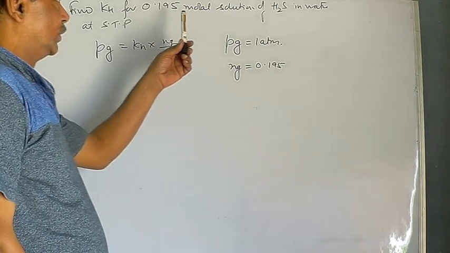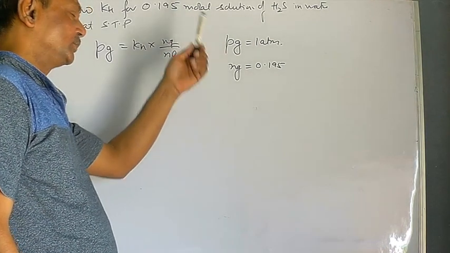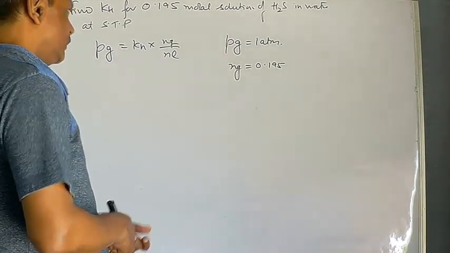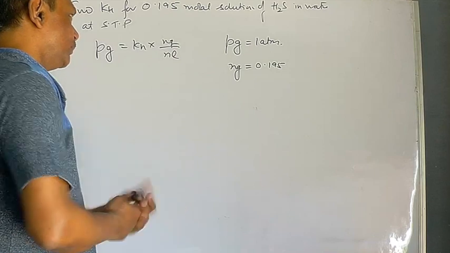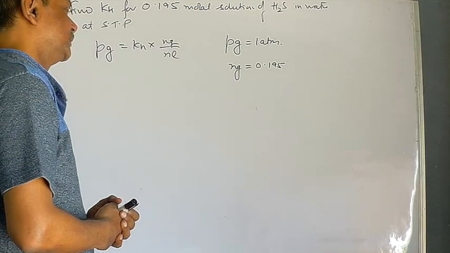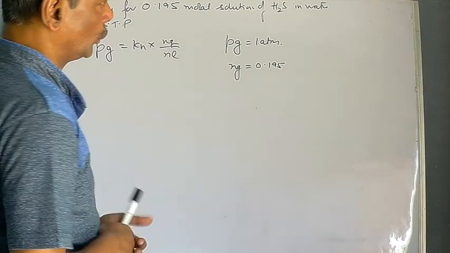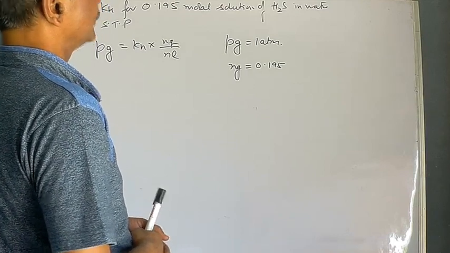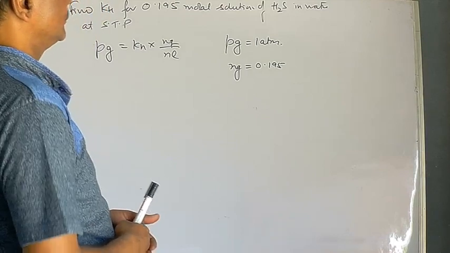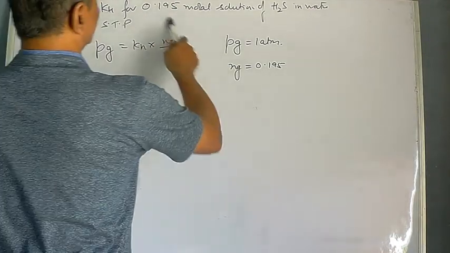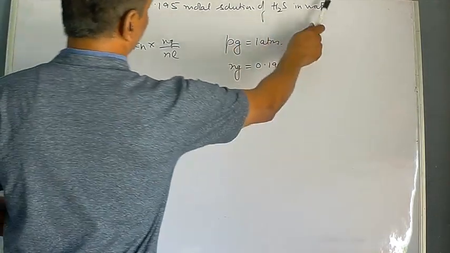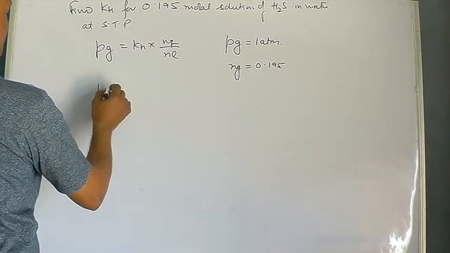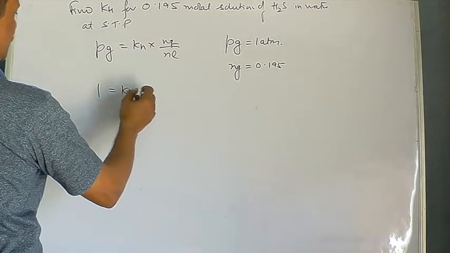Class, now you have to remember your molarity expression. How do you define molarity? Number of moles of solute present per kg of solvent. So what is the solvent here? Water. So what is the weight here? 1 kg. So it means 0.195 moles in 1 kg H2O. So pressure of the gas is 1 atm, KH we are going to calculate.